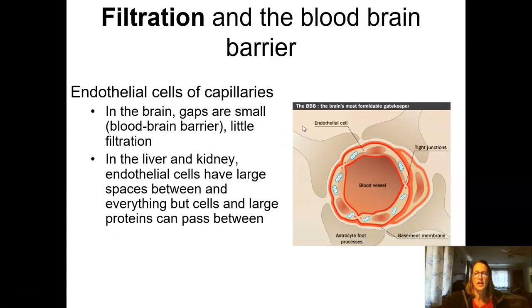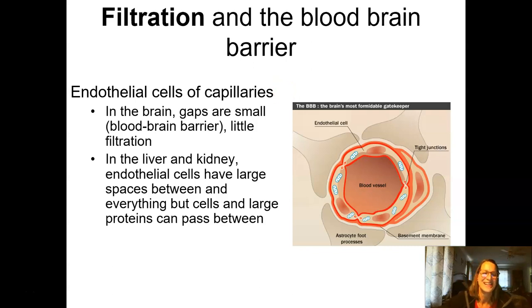Because we were just talking about filtration and the size of the cleft, I want to make a little statement about the blood-brain barrier, which you may or may not have heard of. The blood-brain barrier is basically that there's a lot of things that are in your blood that can't pass to your brain because of the blood-brain barrier.